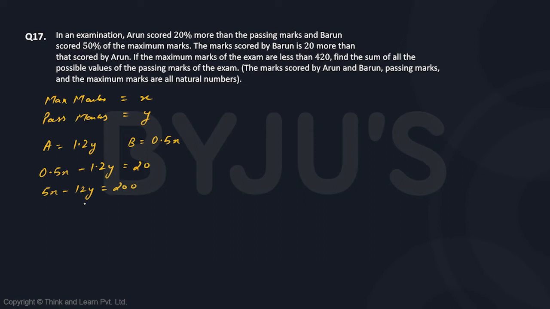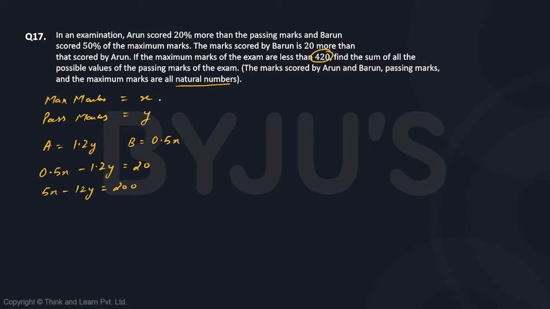Now, further, if the maximum marks of the exam are less than 420, find the sum of all the possible values of the passing marks. The marks scored by A and B, the passing marks and the maximum marks are all natural numbers. So they are not even whole numbers, they are natural numbers.